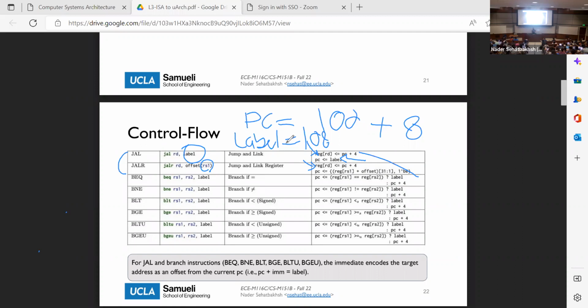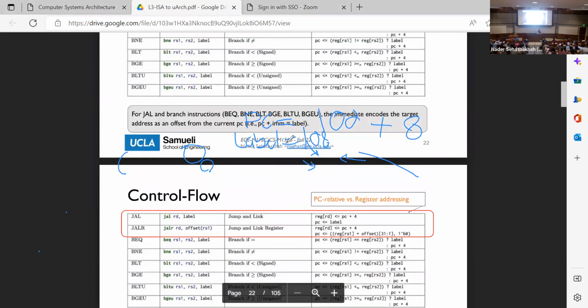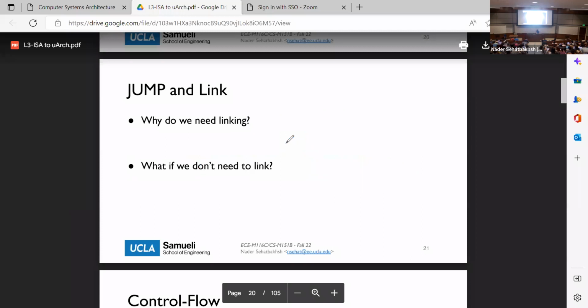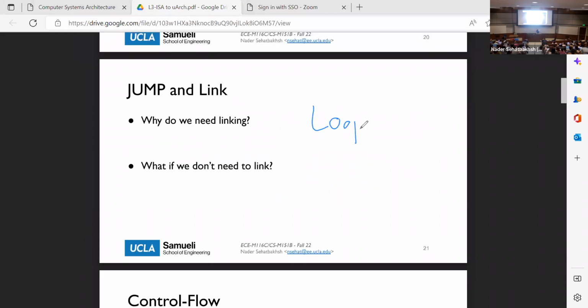So the question is, when we are writing the assembly, we write the label. You can do both. To make your life easier, you can write the label. If you recall when you are writing your assembly, probably for ARM or something like that, you write a label, like loop, colon, and then do some instruction here.